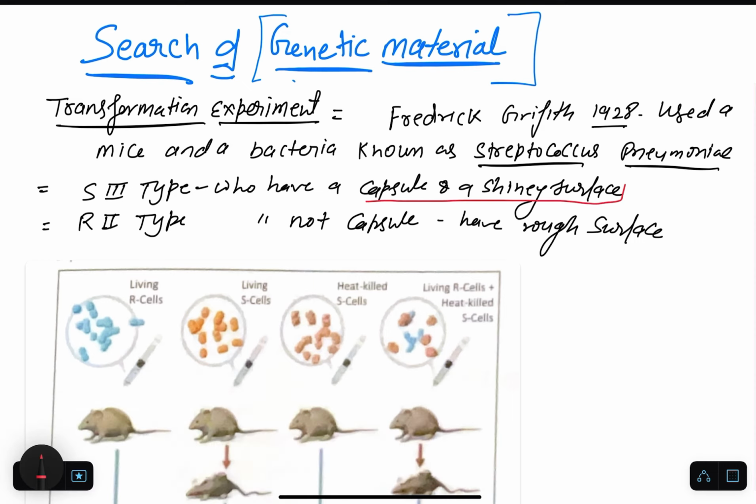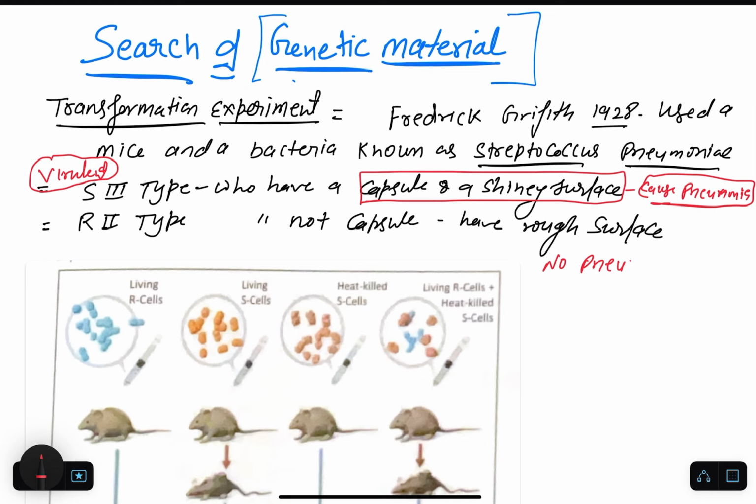The S type or capsulated strain has the ability to cause pneumonia. That's why it is also known as virulent. The S type is a virulent strain, while the R type does not cause pneumonia, and that's why it is known as non-virulent.